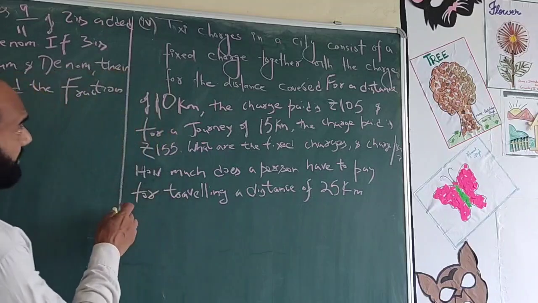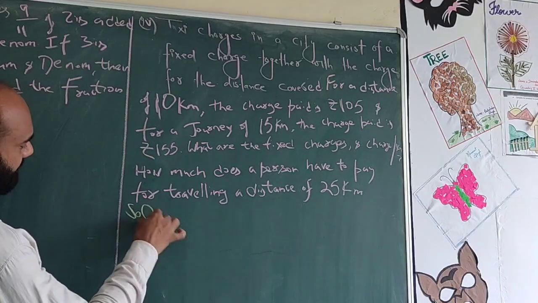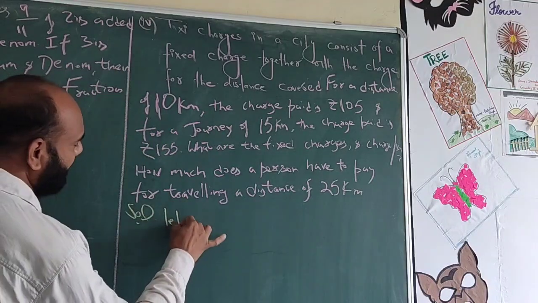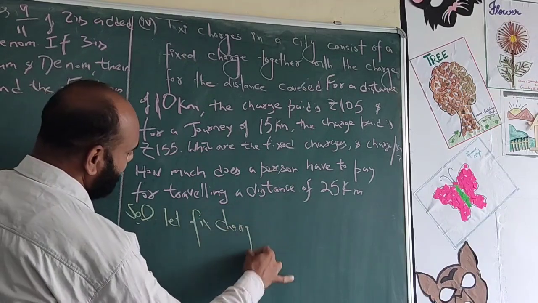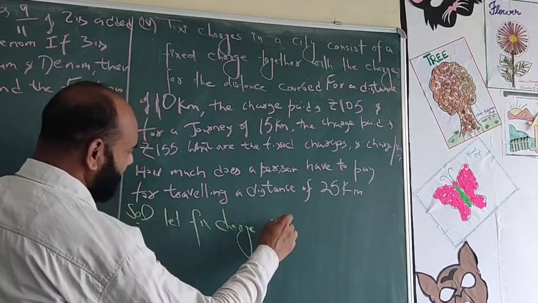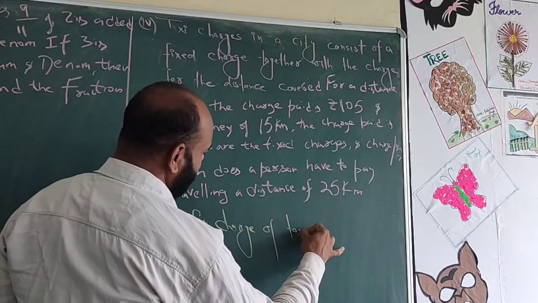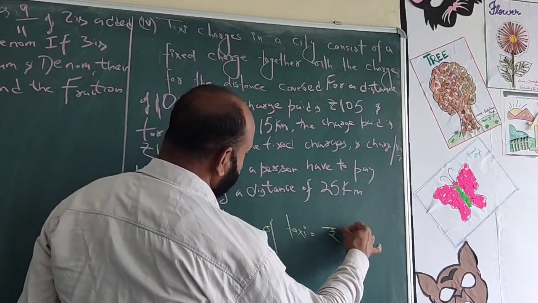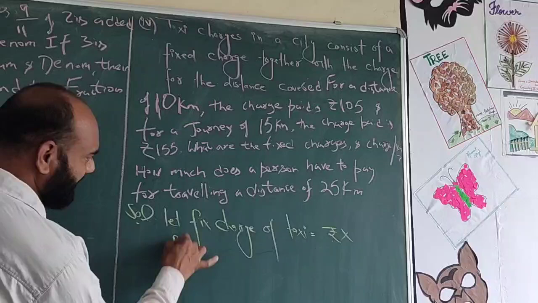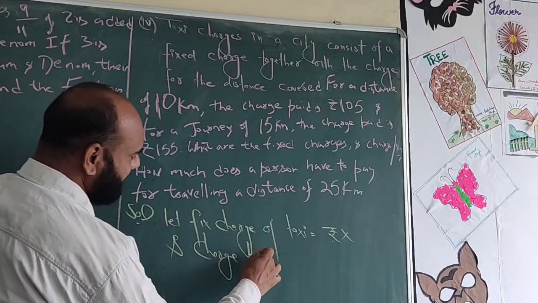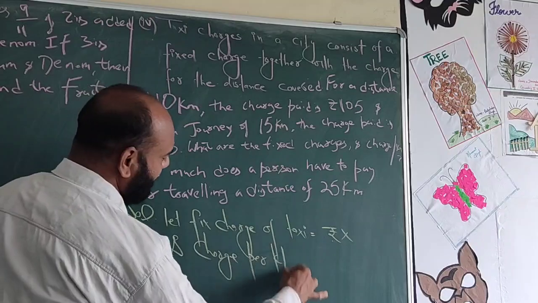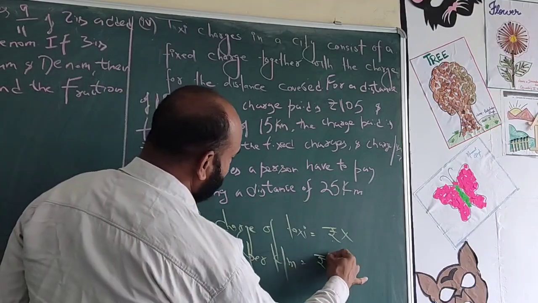So we suppose the fixed charge of taxi is equal to rupees x and the charge per kilometer is equal to rupees y.